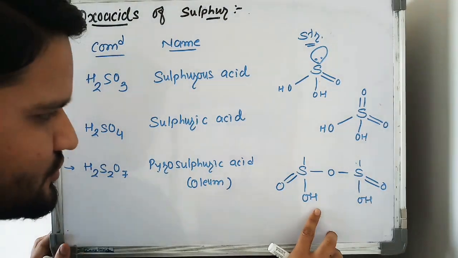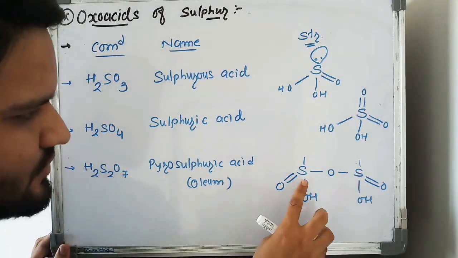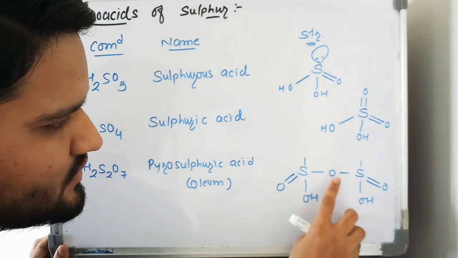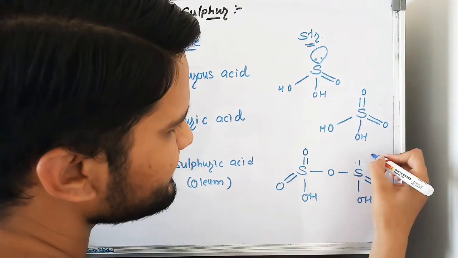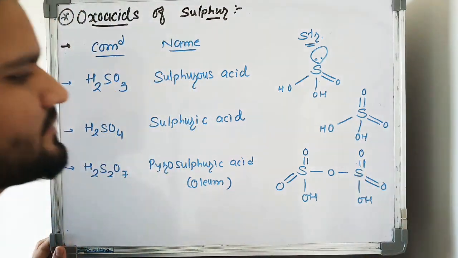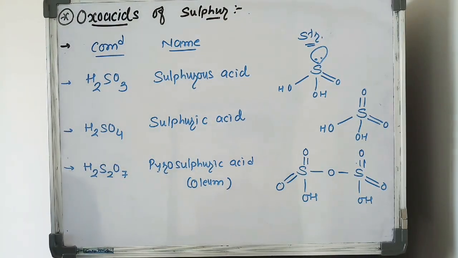H2S2O7 has 1, 2, 3, 4, 5, 6, 7 oxygens. So this is the structure of H2S2O7, also known as oleum.